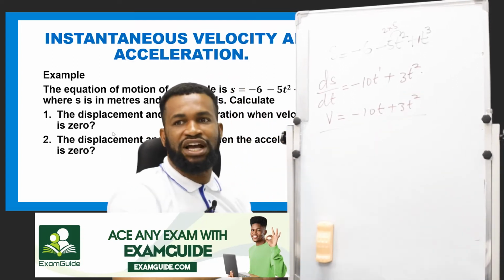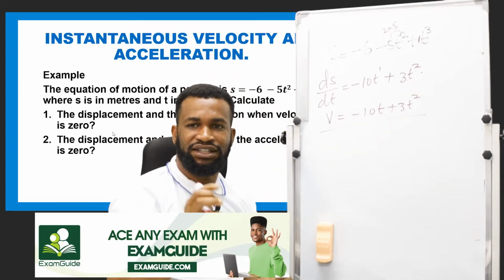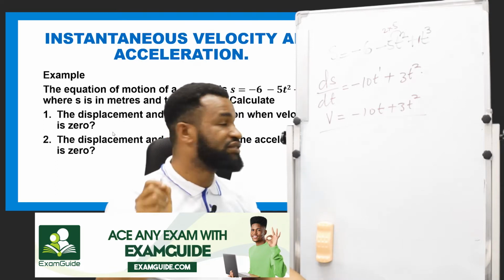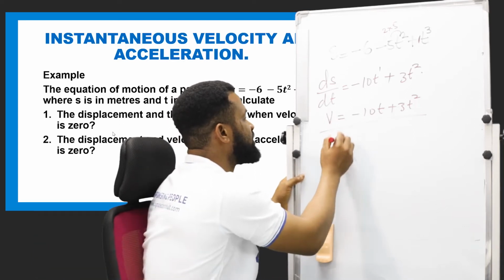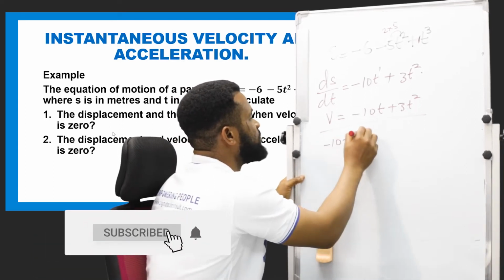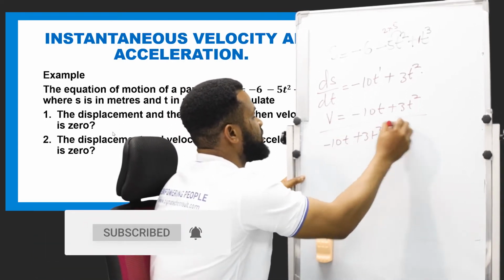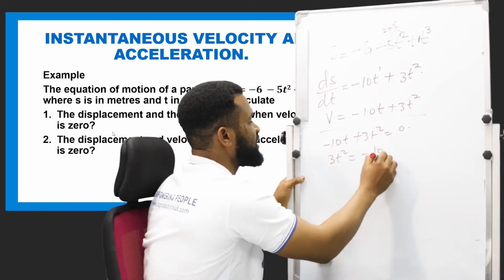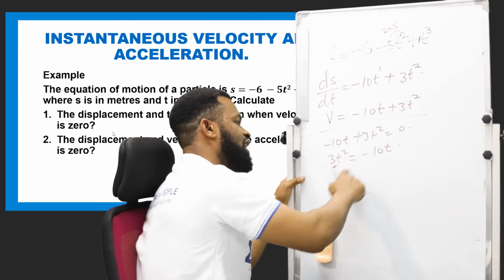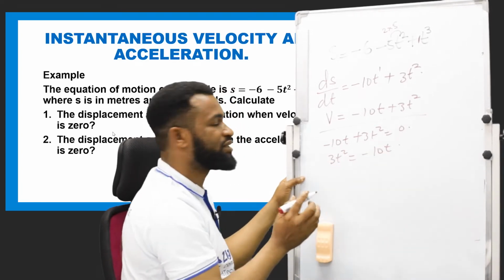At this point, we now have to find the displacement and acceleration when velocity is 0. I'm going to set velocity to be 0. If velocity is 0, I'm going to have minus 10t plus 3t squared is equal to 0. So 3t squared is going to be 10t. T is here and t is here, so I'm going to divide both sides by t.